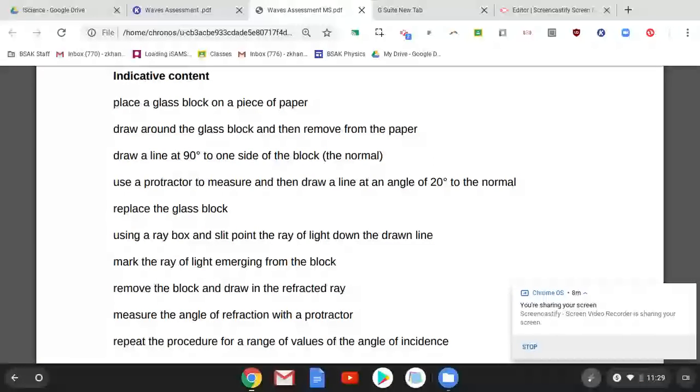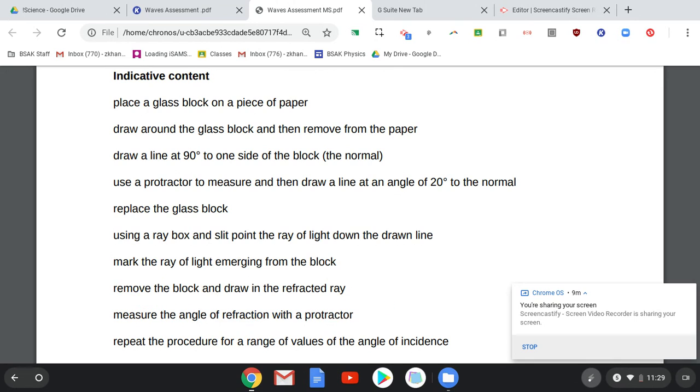moving the glass block out of the way or putting the glass block back, marking where the ray exits the glass block, drawing a line representing that ray, removing the glass block, connecting the incoming incident angle to the outgoing ray.